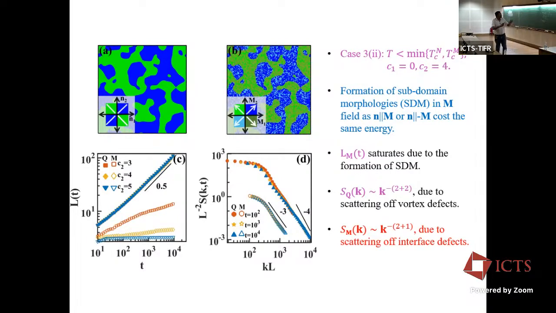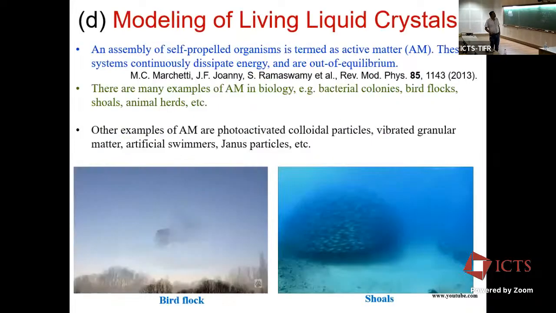So lots of interesting kinetics comes out of this particular system, and we've been investigating some of this. We've been trying to argue for the growth laws, etc., and have learned a few things about the system.